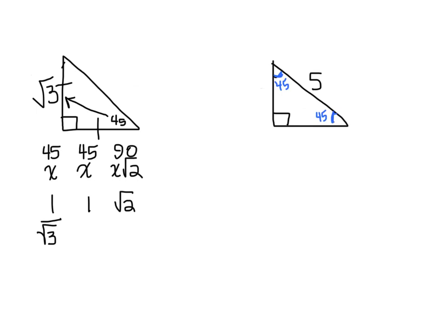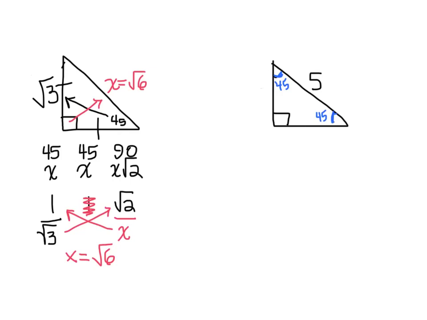And the side I'm looking for is the hypotenuse, so I'm going to put that under the side opposite the 90. And all I'm going to do is ignore this and cross multiply. So I'm going to get x equals radical 3 times radical 2. Remember, I can multiply underneath the radical and I can multiply outside the radical, but the outside cannot talk to the inside. So this would simply be radical 6.